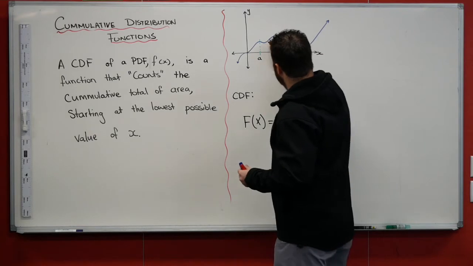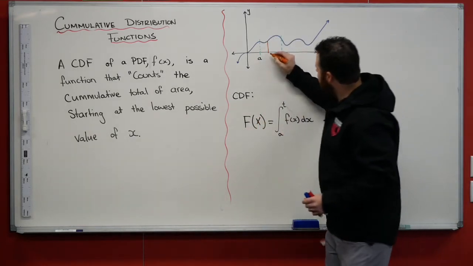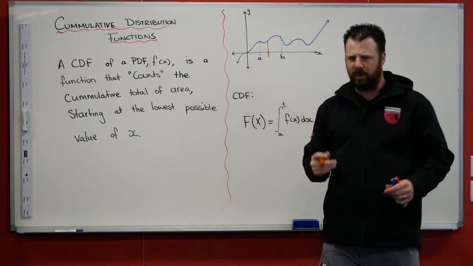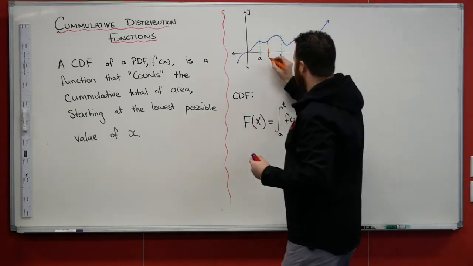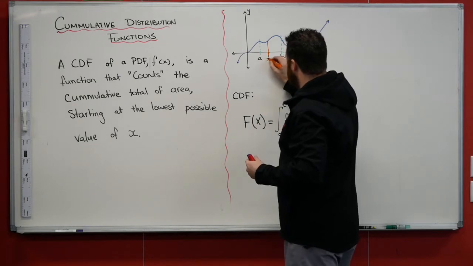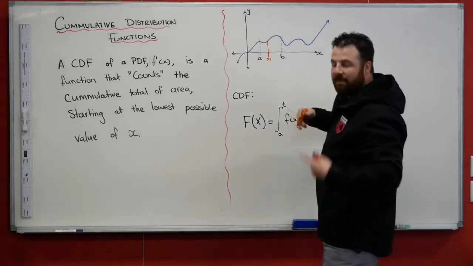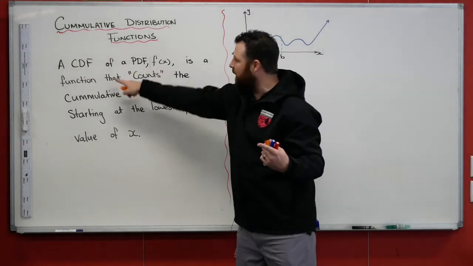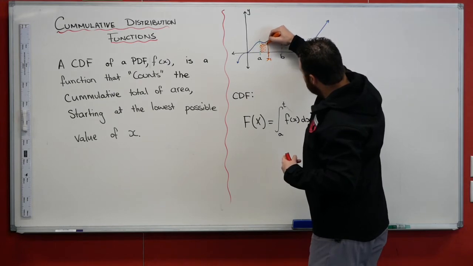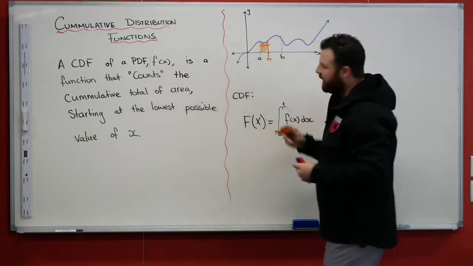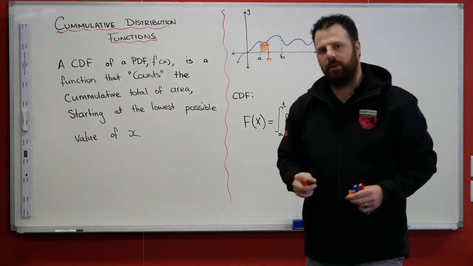So if I wanted to pick this point here on the curve, let's call it x1, I don't know what it is, but call it x1. When I evaluate that CDF function at that point, it tells me all the area from that point down to the lowest boundary.